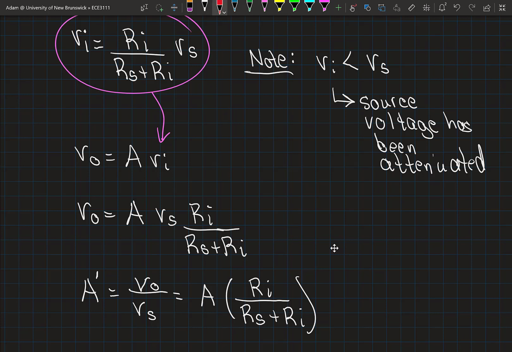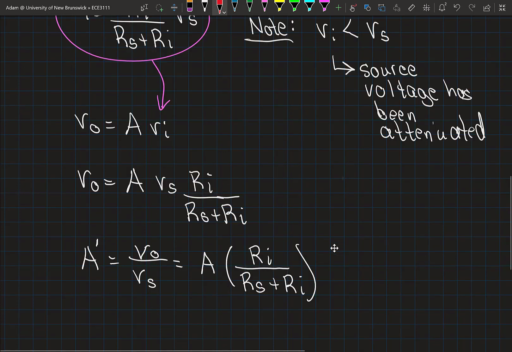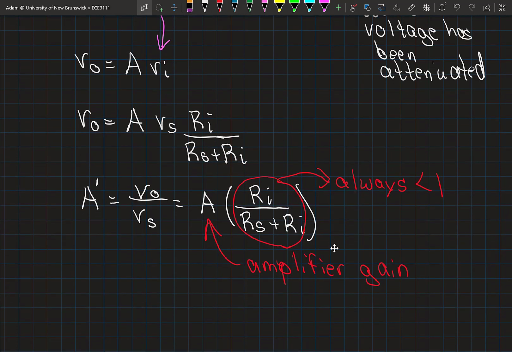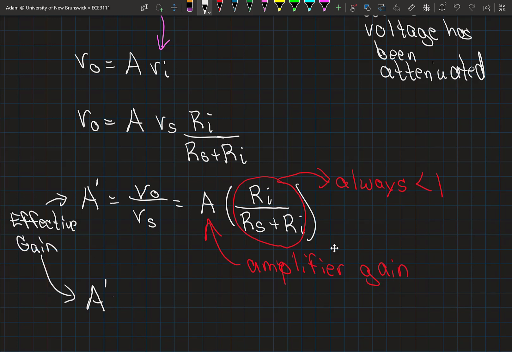Okay, so recognizing that this term here is always going to be less than 1, and I'm recognizing that this is my amplifier gain, I can note that my effective gain, let's give this a name here, let's call this effective gain, my effective gain is going to be less than my amplifier gain.